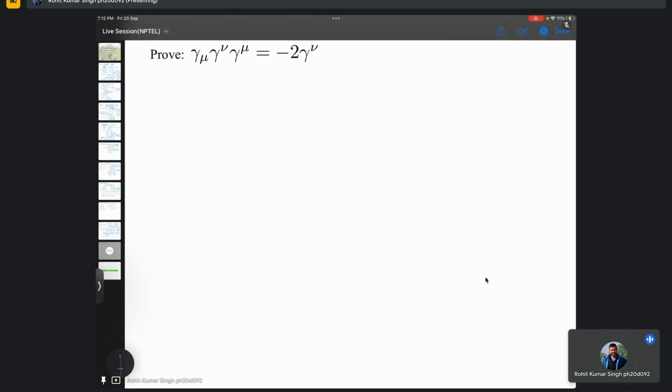So there is an identity we have to prove. How to do that? We have gamma mu, gamma nu, gamma mu. What we can do here, again, is use the Clifford algebra.